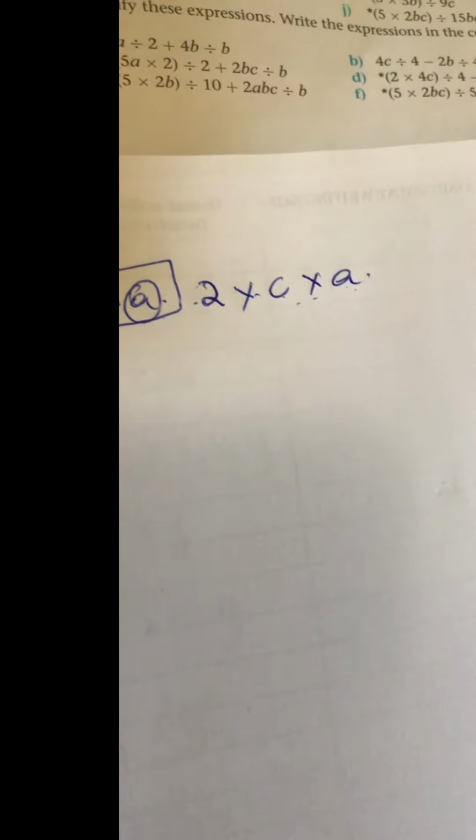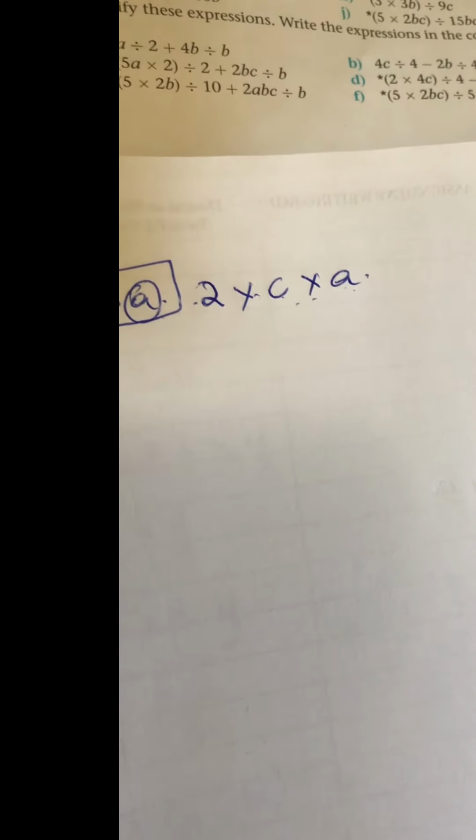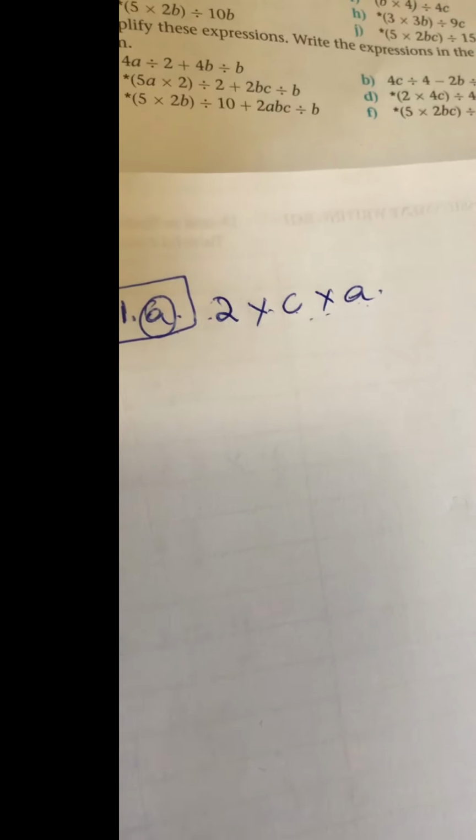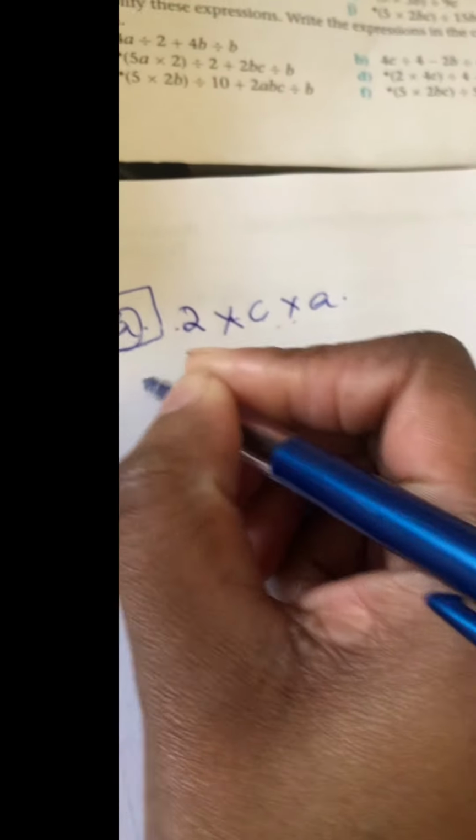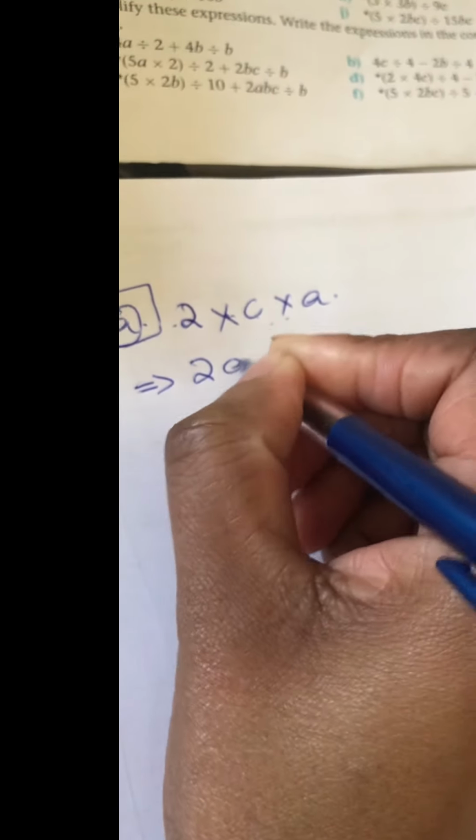Unlike when you multiply a by a, it's going to be a squared. If you multiply b by b, it's going to be b squared. But in this instance, it's two different alphabets with a number. So if you say 2 times c times a, you need to write it in an algebraic manner. You just write it like 2ac.